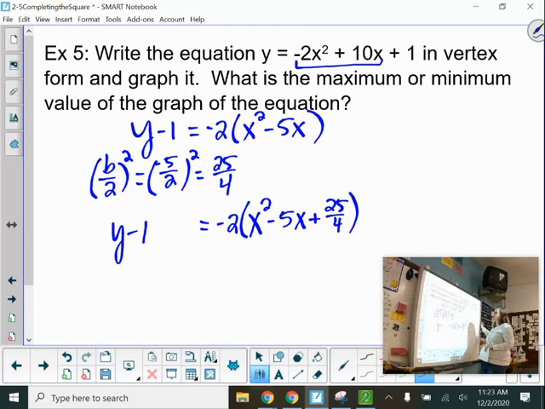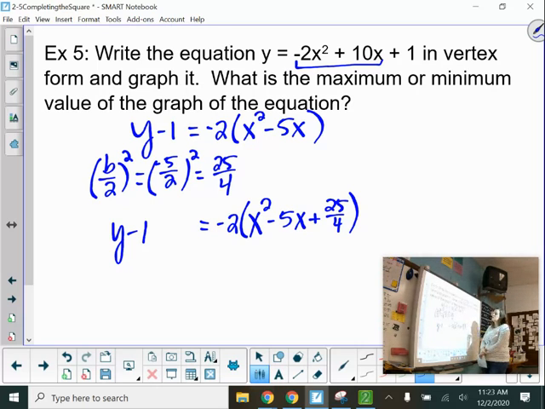Now, you see where I added it inside the parentheses because this is now a perfect square trinomial. 25/4, even though it's a fraction, it is a perfect square because I can take the square root of it. It's 5/2. It doesn't give me a repeating decimal. But everything that's inside that set of parentheses is multiplied by -2.